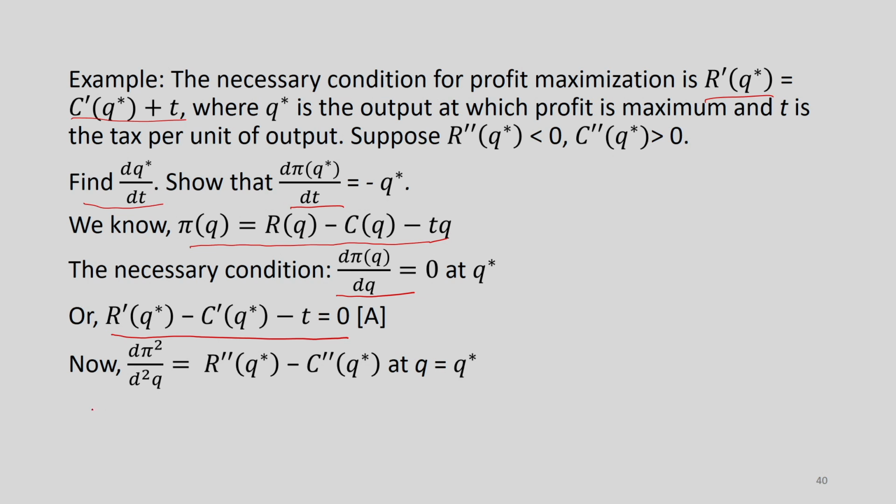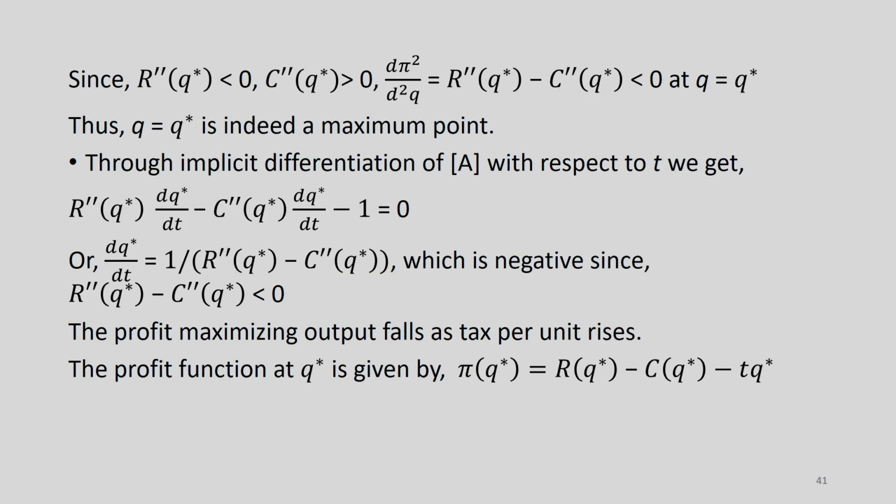Now, what we do next is that we take the second derivative of the profit function at q star. If we do that, then this term will vanish because it is not a function of q, and therefore, we are going to get only r double prime q star minus c double prime q star. Now, we are given this information in the question itself: r double prime q star is less than 0, and further c double prime q star is greater than 0.